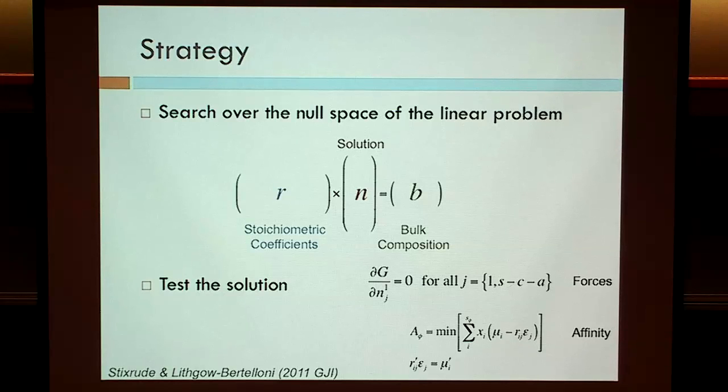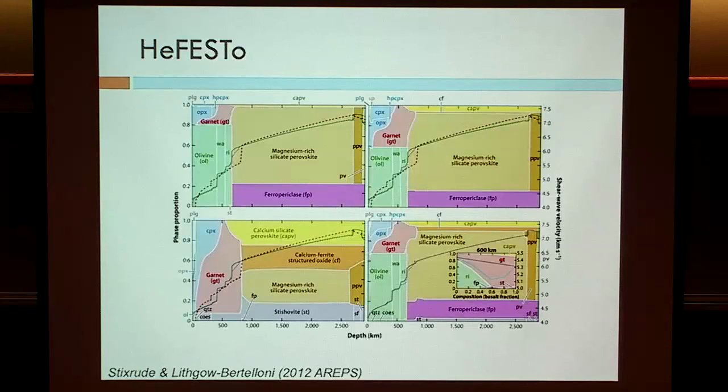One of the things that's tricky about this problem is that it's nonlinear. It's inherently nonlinear because the Gibbs free energy depends nonlinearly on composition through the logarithmic term. And so you have to be very careful about which phases you're including. And we look at criteria like the chemical affinity for either adding or subtracting a phase from the solution.